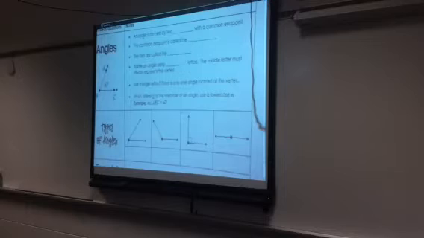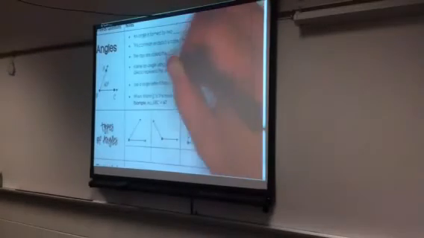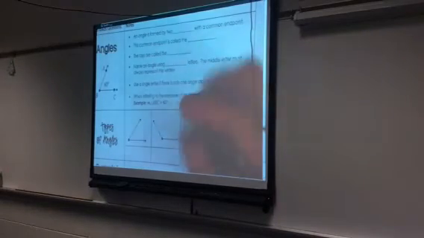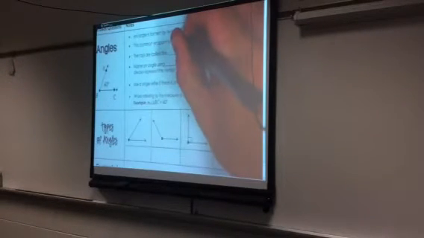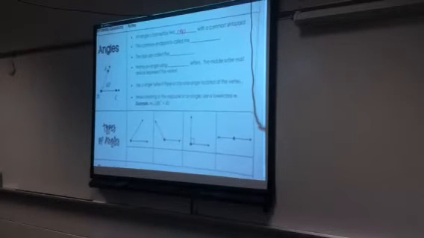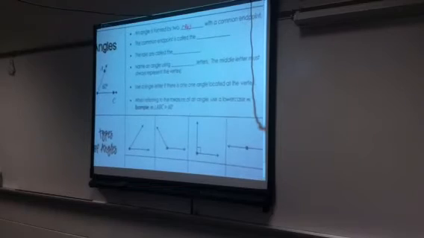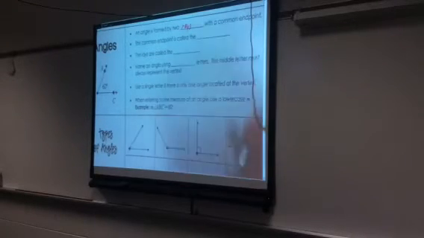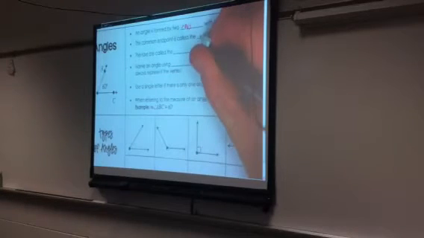So just to fill in the top of this, an angle is formed by two rays with a common endpoint. This common endpoint is called the vertex.